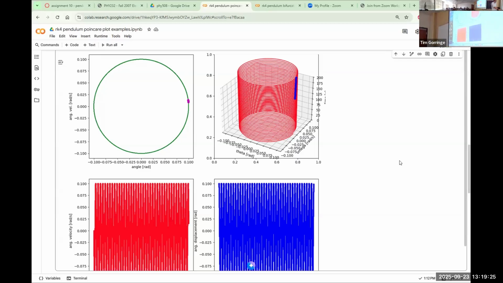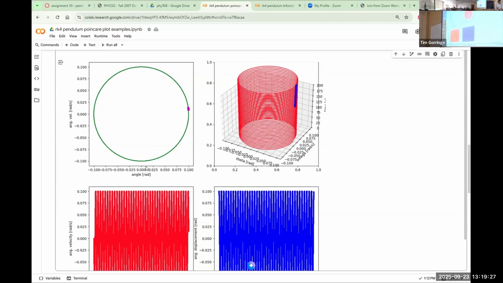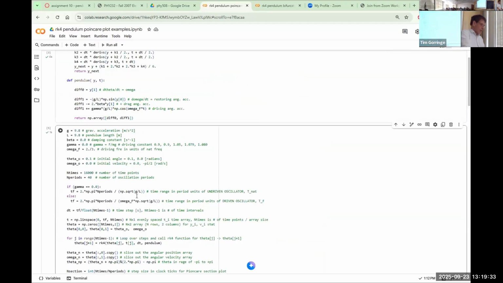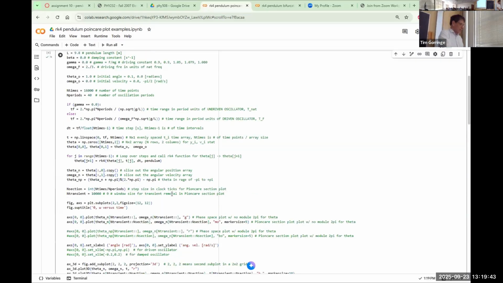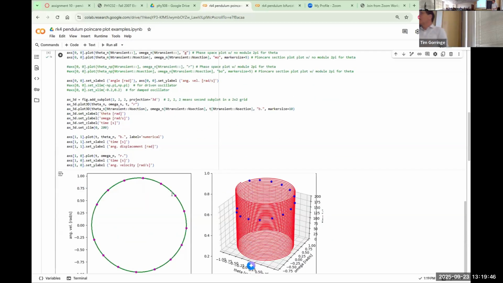I can exaggerate it. If I was to go back up, if I can. If we were to make this 1, so release the pendulum from 57 degrees, then you see a really exaggerated effect where the frequency of the pendulum is nowhere near the natural frequency, square root of g over L, based on the small angle approximation.